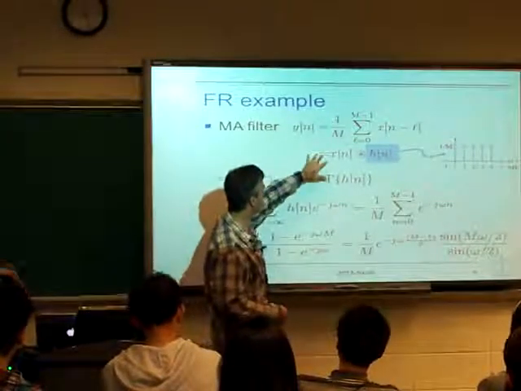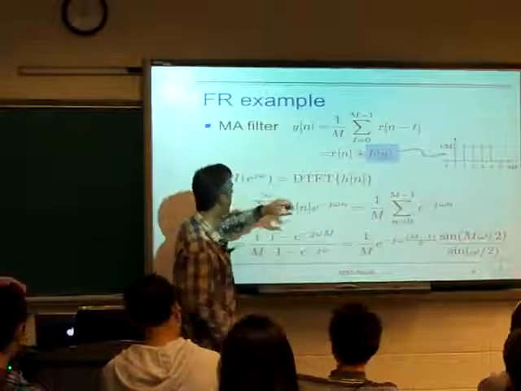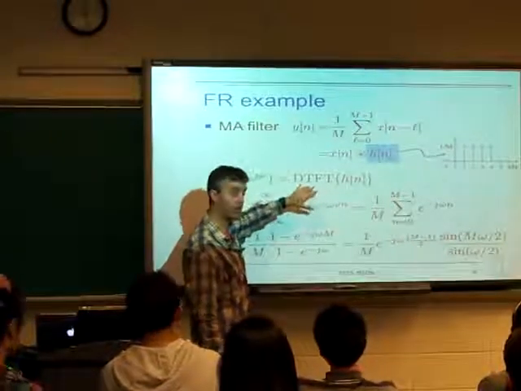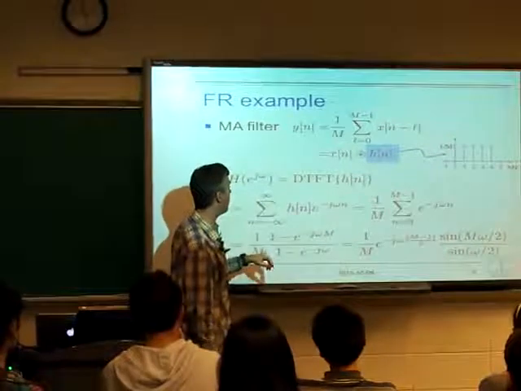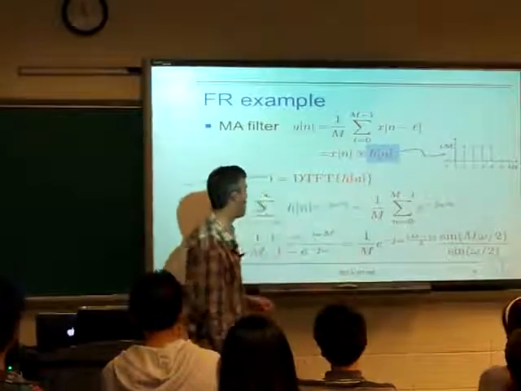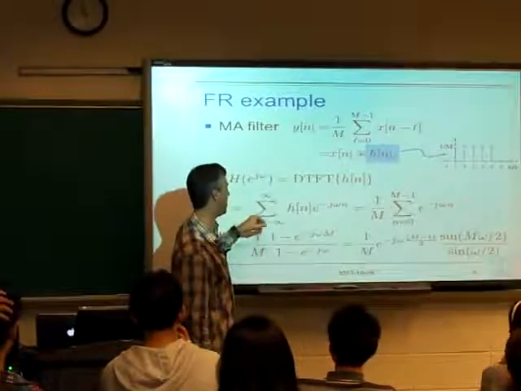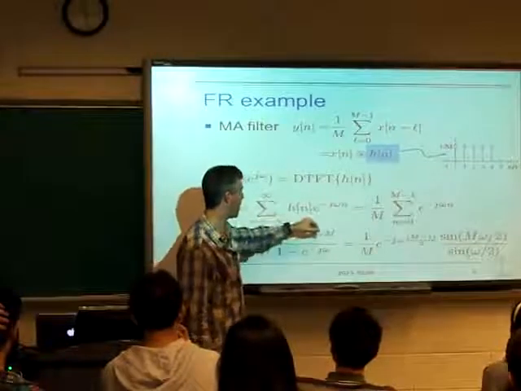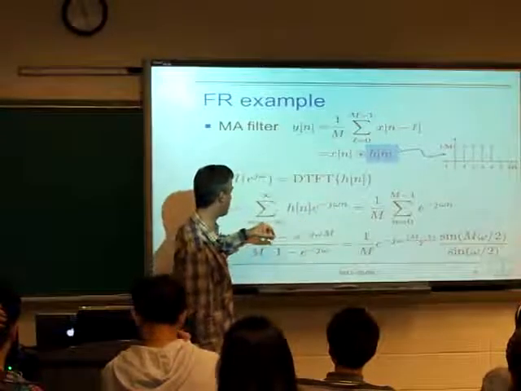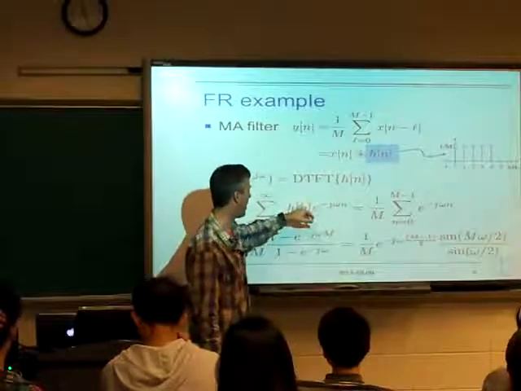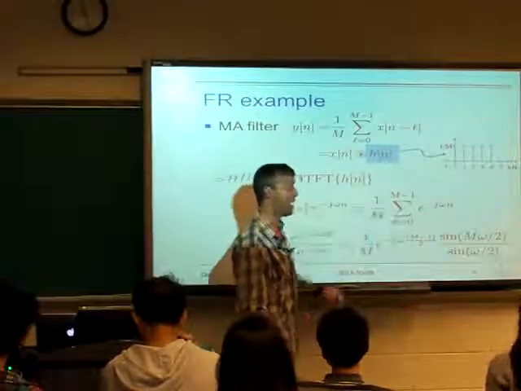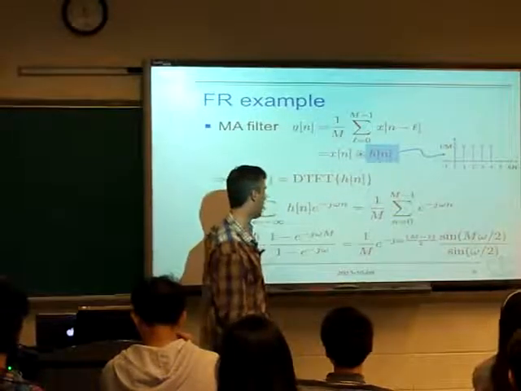If that's true, then the frequency response of this system is just given by our DTFT. The DTFT is simply the sum over all n of h of n e to the minus j omega n. In this case, h of n is 1 over m for these values of n and 0 everywhere else.